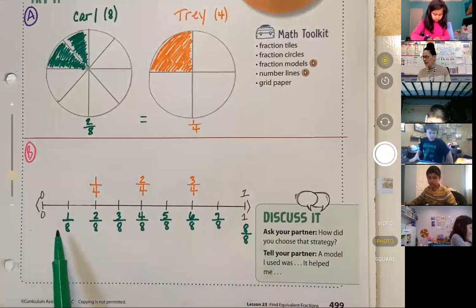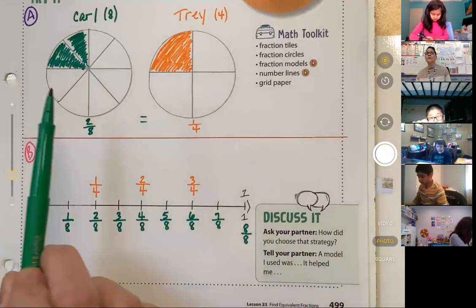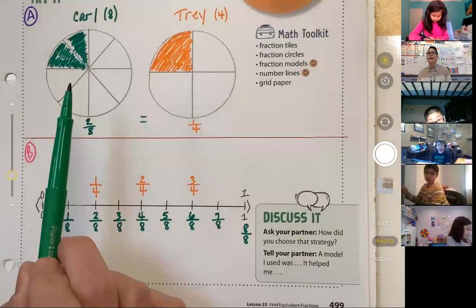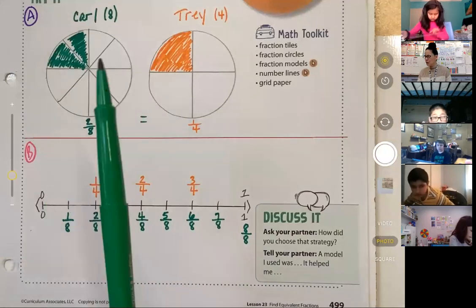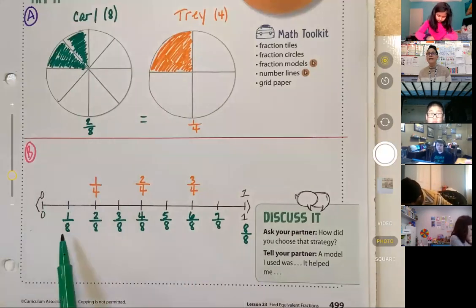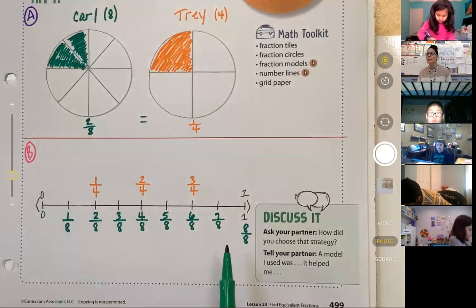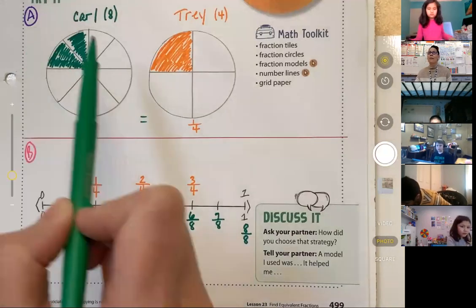So you can see down here at the bottom, this green represents Carl's orange. Why? Because Carl cut his into 8s. So you can see that these green numbers on the number line are the same as the 8 slices on the model above.